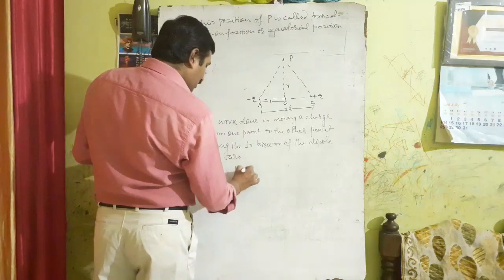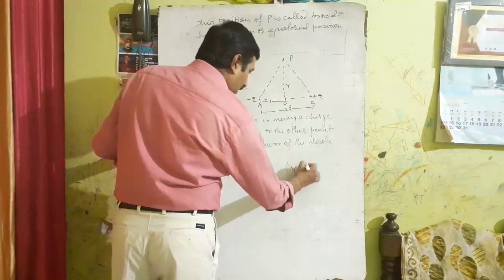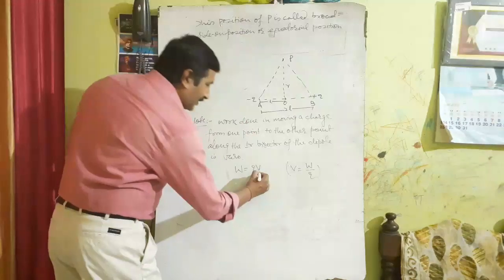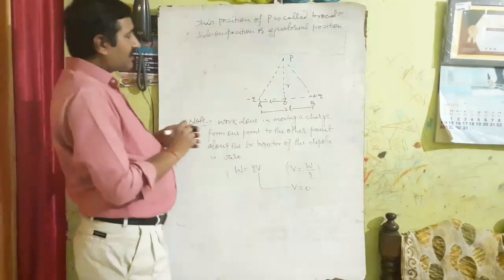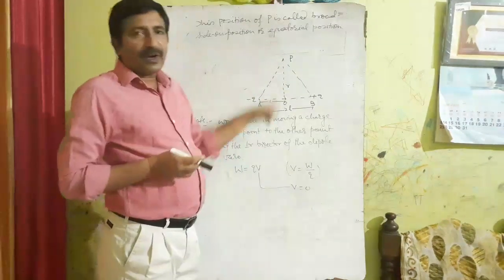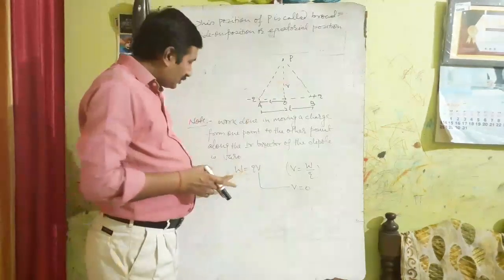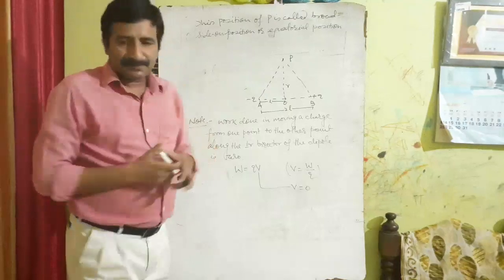The reason is W equals Q into V, as V is equal to W by Q naught, and V is 0. That is, the potential difference between two points lying on the equatorial axis is 0, so there will be no work done along that.